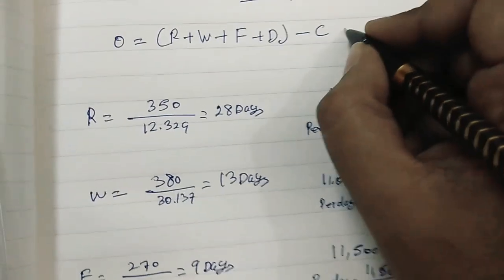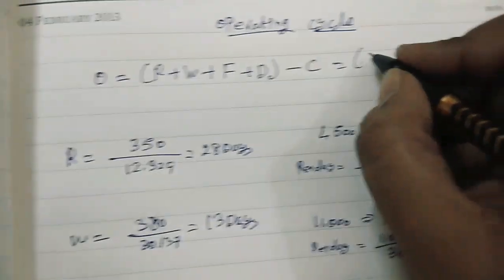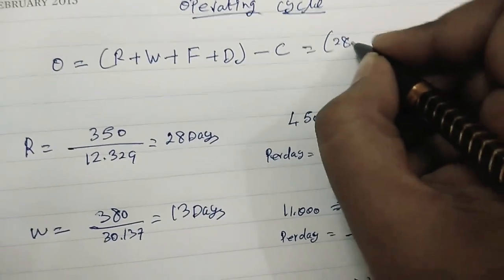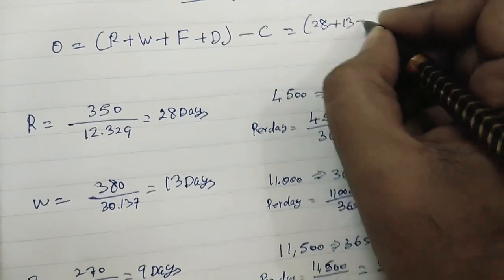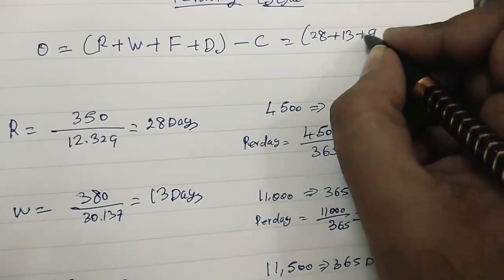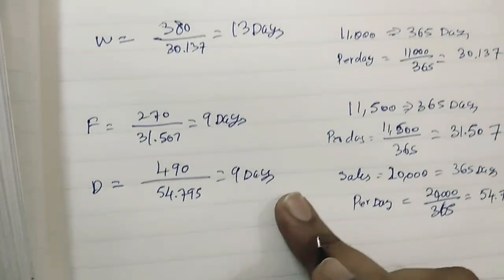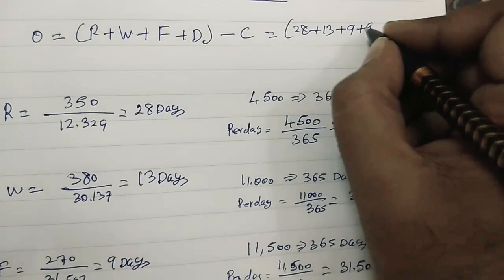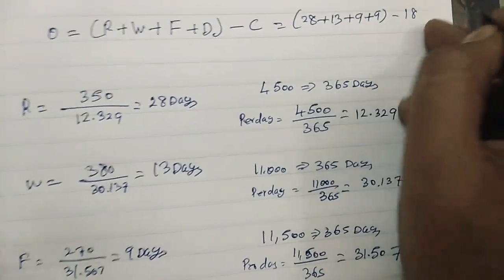So now you can substitute the values. O is equal to R 28 days, W 13 days, F 9 days, D 9 days, and C is already given in the problem, that is 18 days.